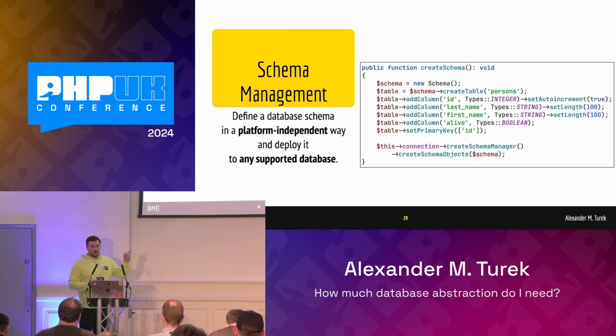Under the hood, this also uses the schema management, because the schema management is also able to create a diff between two schema objects. So you can read a schema object from the current database.